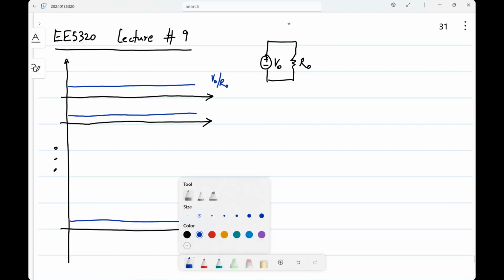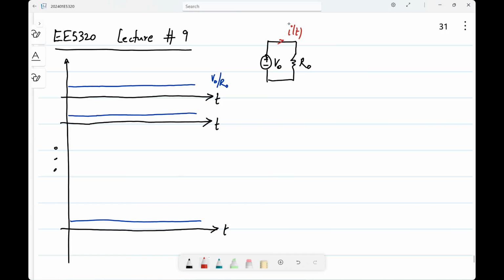The x-axis is time. I apply a constant voltage, I expect a constant current, and the current depends on the resistance value. But if you are able to measure the instantaneous current, however you do it, you will find that the current is something like this.